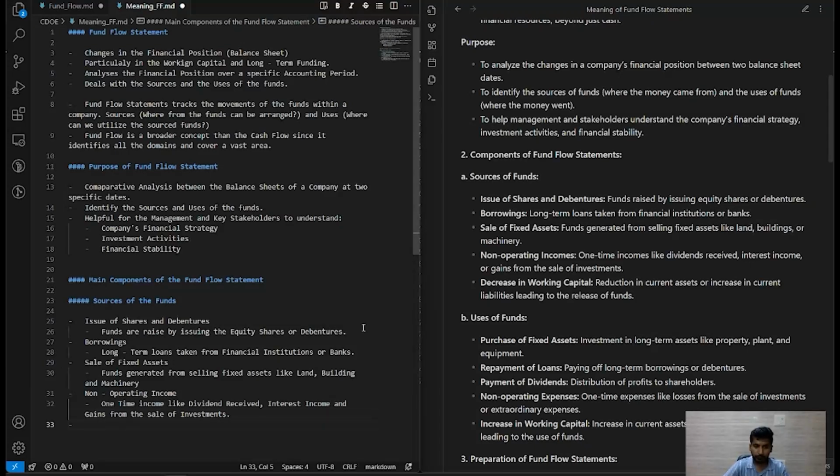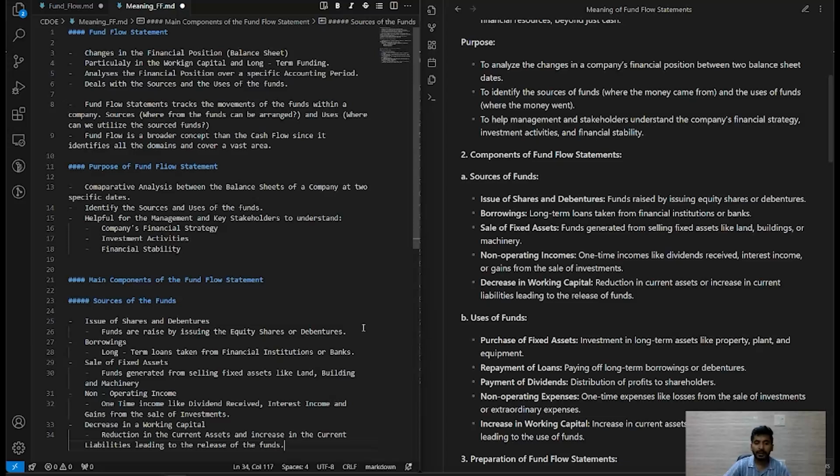Also, it identifies if there is a decrease in working capital. This is also considered a source of the funds. Reduction in the current assets and increase in the current liabilities, leading to the release of the funds.